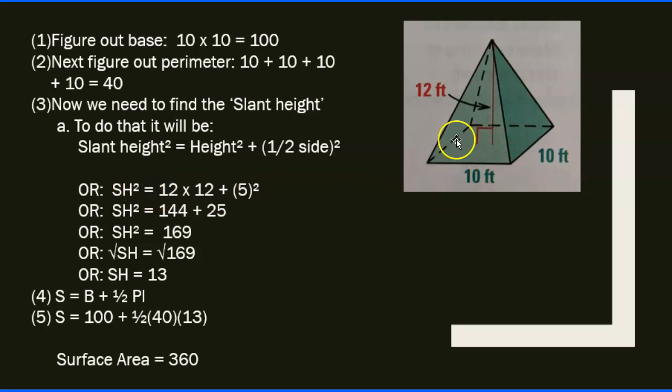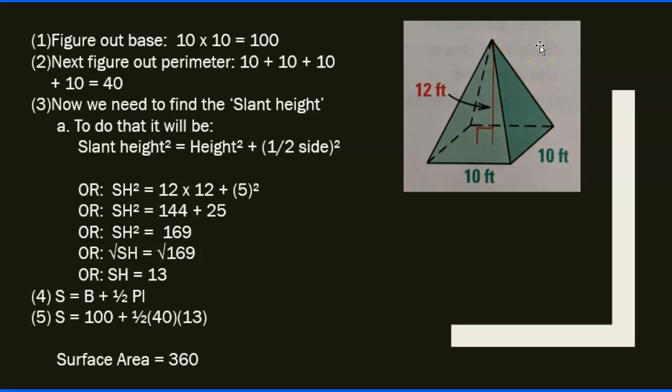Slant height squared equals 12, here's the perpendicular, the regular height, 12 times 12. And then 1/2 of the sides is 5, so 5 times 5 equals 25. So 144 plus 25 is going to come to 169. Then I put my slant height words in the radical and my 169 in the radical, and I'm left with slant height equals 13.